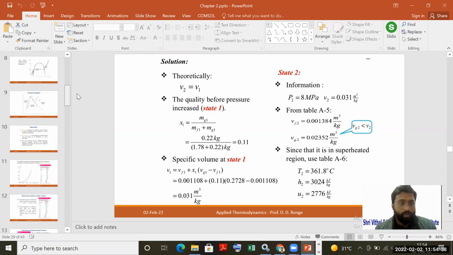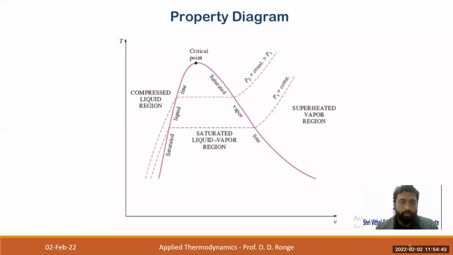Someone is saying, sorry sir, but I'm not able to calculate the value of H. By interpolation, we can calculate the value of H. Don't worry, in the next lecture I'll explain this last part of the example we just took, the interpolation part. But by interpolation, of course, you can calculate any property which is not available in the steam table.